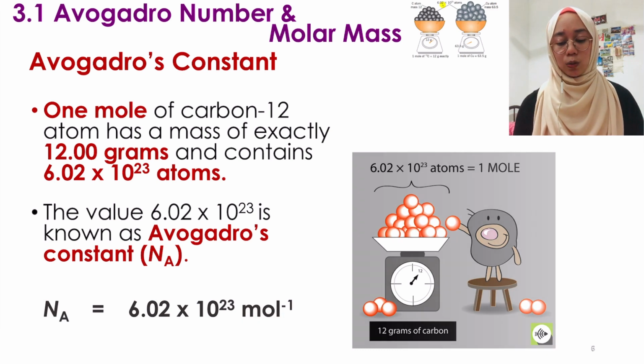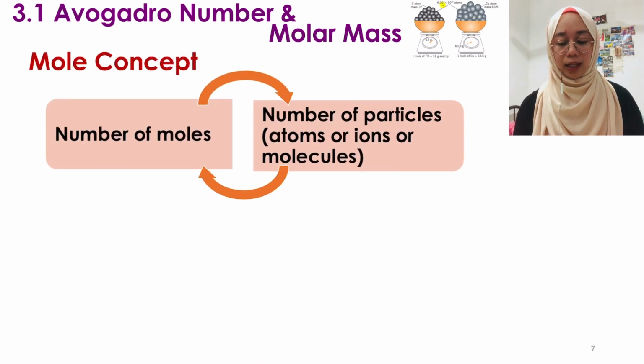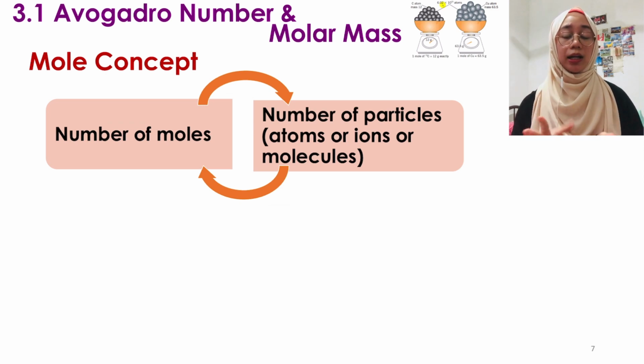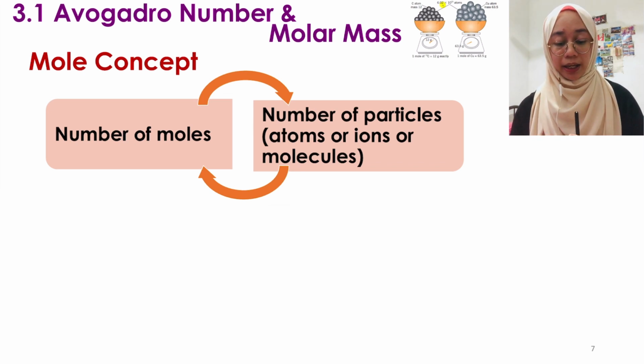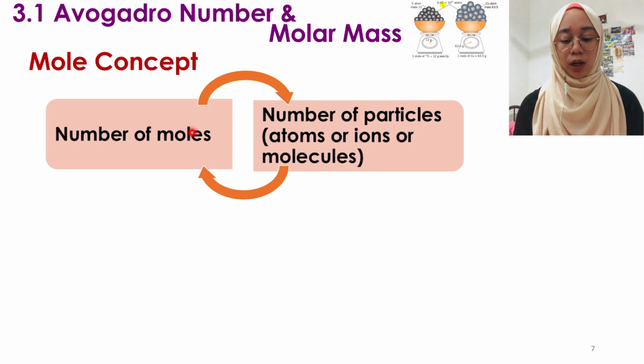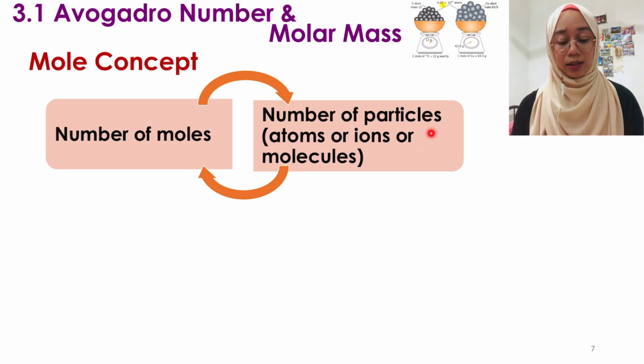Okay, so now kita nak tengok apa relationship antara number of mole dengan number of particle pula. Okay, and also Avogadro constant tu tadi. Okay, so in order untuk kamu cari number of particles, okay, so kalaulah given to you number of mole, so kamu nak cari number of particles, so apa yang kamu kena buat adalah darab dengan the value of Avogadro's number.